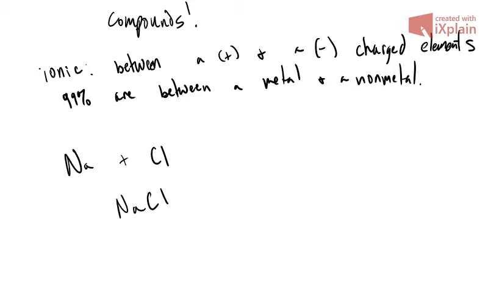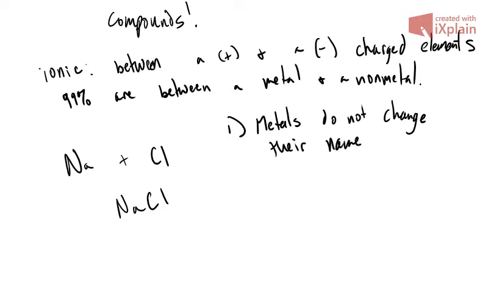Now, the rules for naming are: one, metals do not change their name. Okay, the metals don't change their name at all. It's always going to be, in this case, sodium is always going to be sodium.